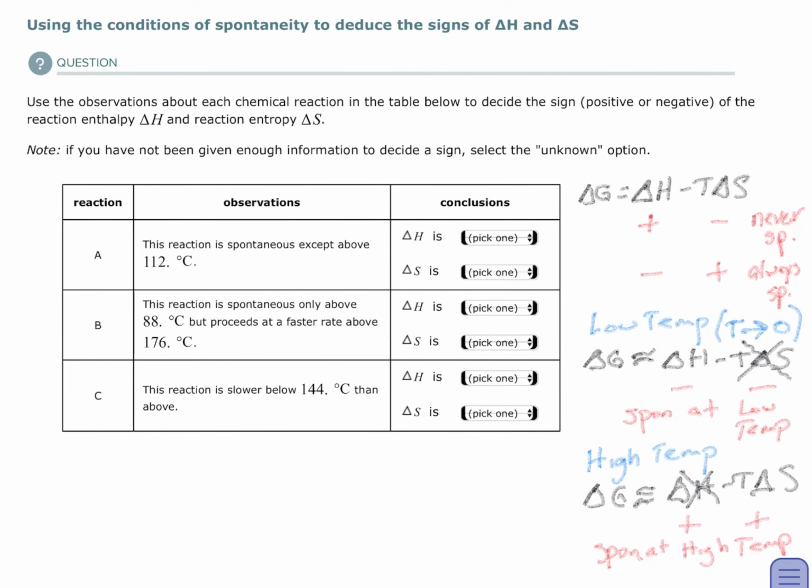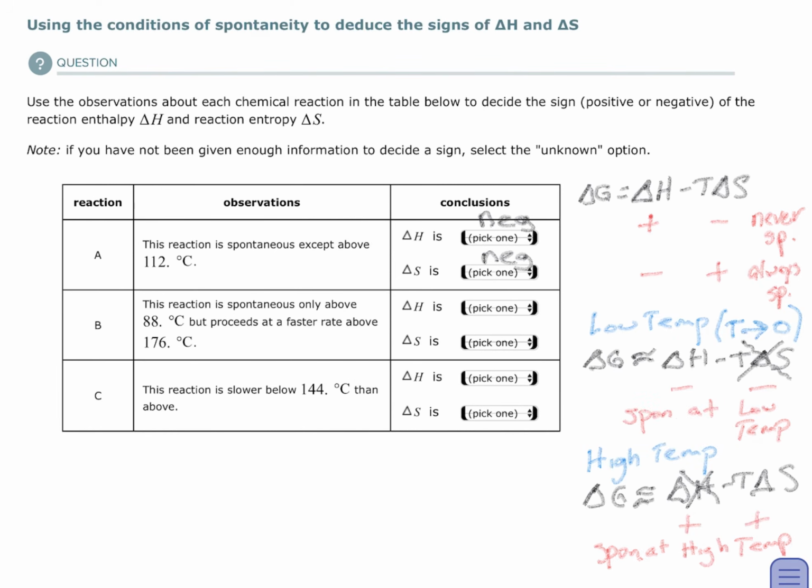The rate means nothing. It doesn't tell you anything about whether it's spontaneous or not. Look at B, where it says such and such, but the rate proceeds faster. It doesn't matter. Totally ignore that. All you're interested in is: is this spontaneous or not? And if it's spontaneous, is it at all temperatures, at low temperatures, or at high temperatures? Then you can guess the rest.